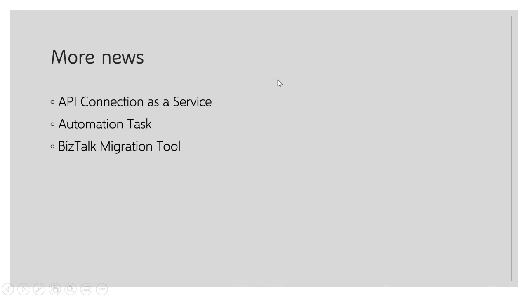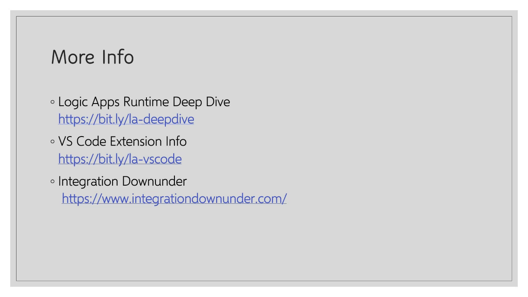So just to finish, if you're looking for a little bit more information, you can find a Logic Apps Runtime deep dive on this link here, and that is going to take you to Microsoft Docs with a whole lot of information.